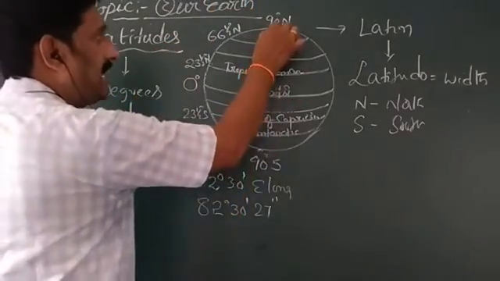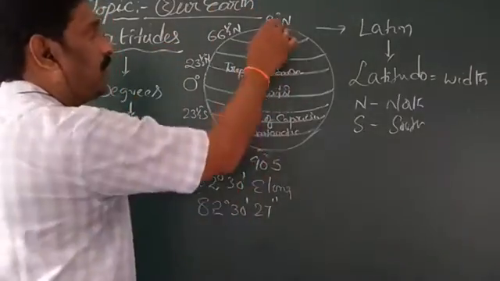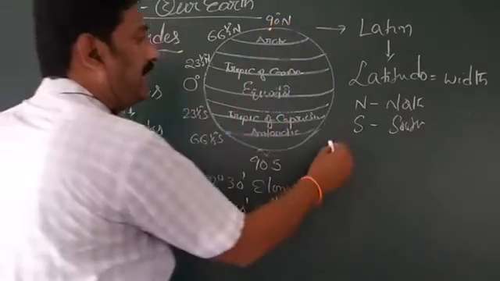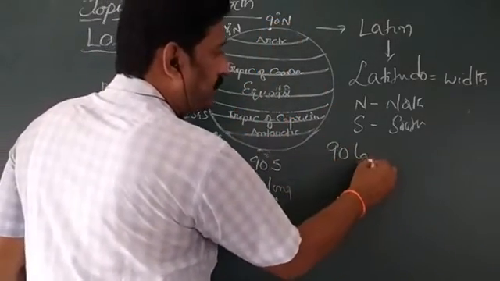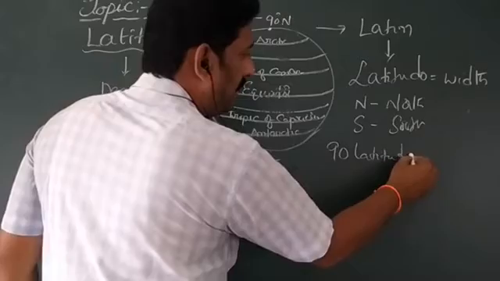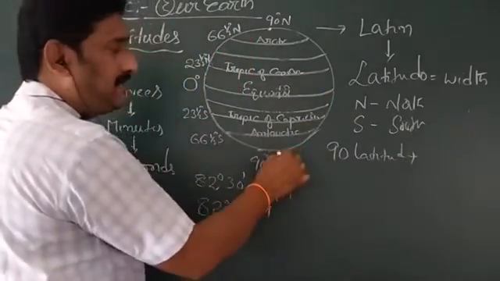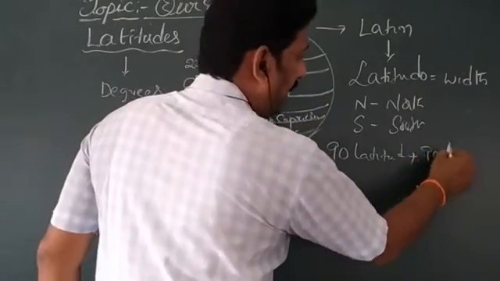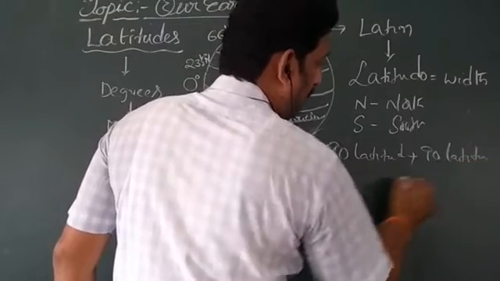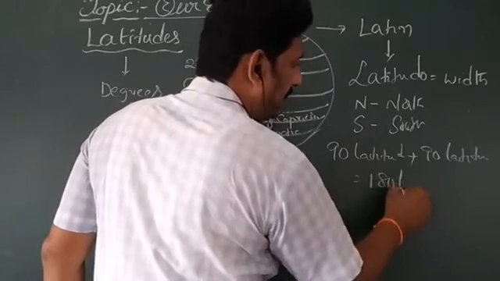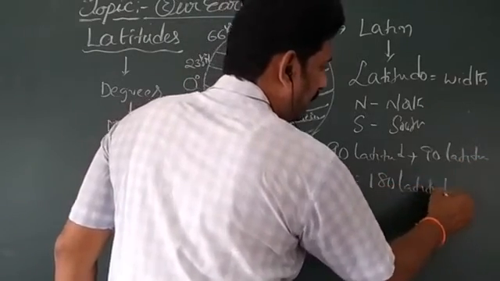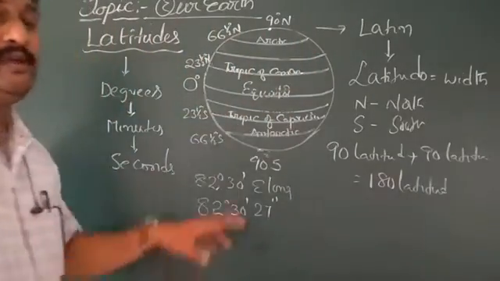Why? Because the Earth has two edges. Here we have 90 latitudes in the North Pole side, plus the South Pole side, again 90 latitudes. So totally we have 180 latitudes, excluding the equator.